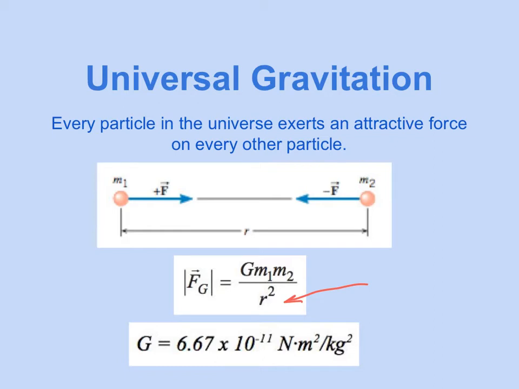As r increases, the force decreases. That's the inverse part of it. And then it's a squared law because it varies based on the distance squared. In your first exposure to this force, you might have called r a distance d.